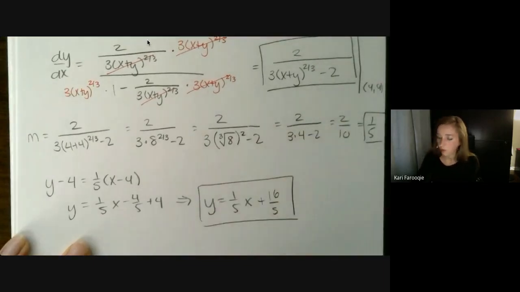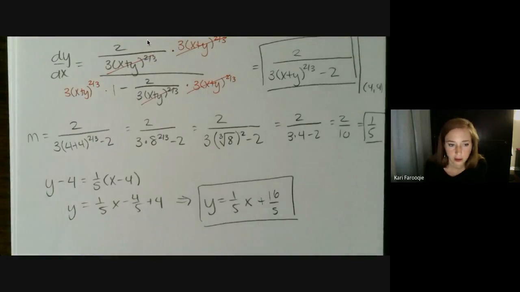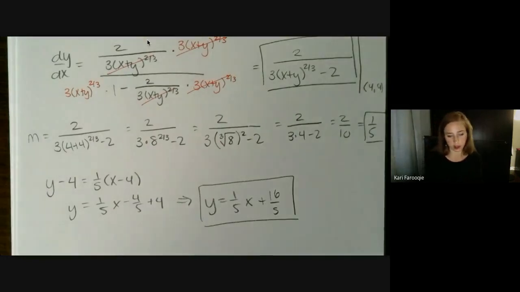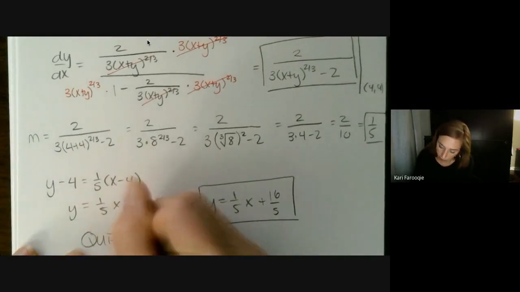And again, if you wanted to, you could pop this equation into Desmos. Twice the quantity of x plus y to the 1/3 equals y. And also pop in your equation for the tangent line and graph it and verify that it is indeed the tangent line at 4, 4. But I don't have time for that. You guys have a quiz on Thursday. I mean, that's tomorrow.